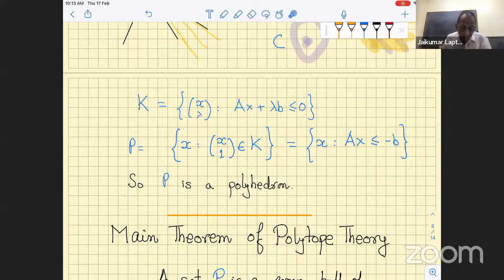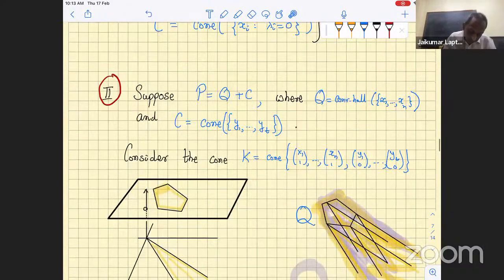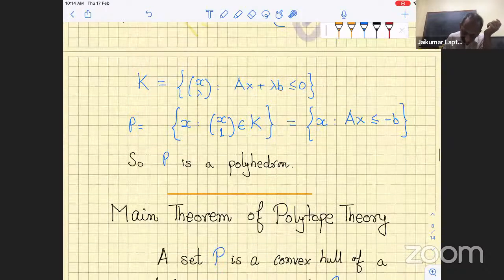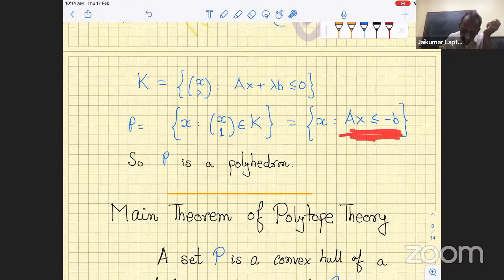So what have we proved? That somebody gave us a polyhedron in this form as a sum of this. They gave us some convex object which is a sum like this. We can obtain a set of inequalities which describes the very same object.